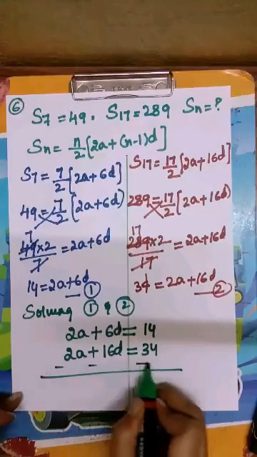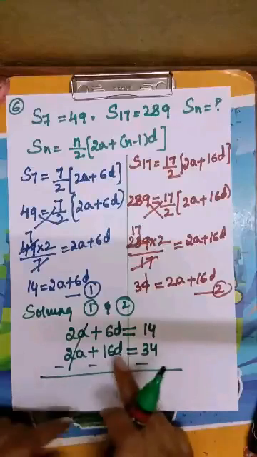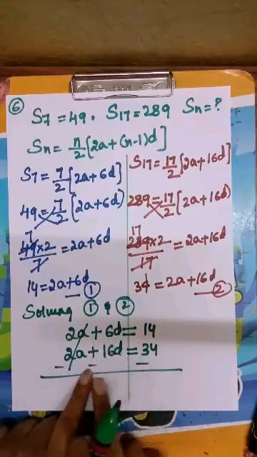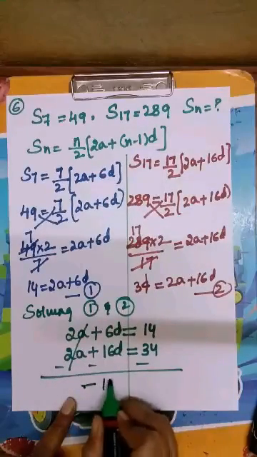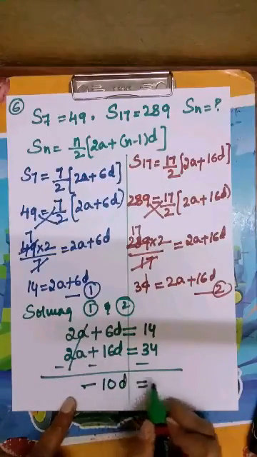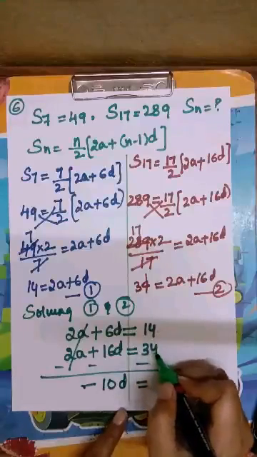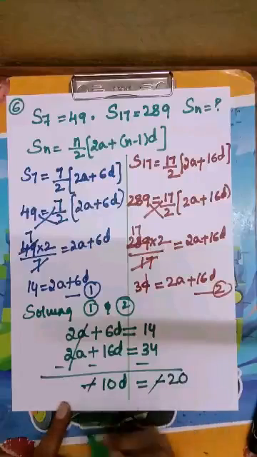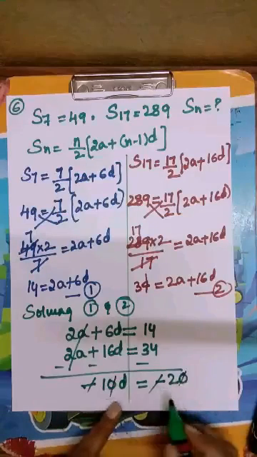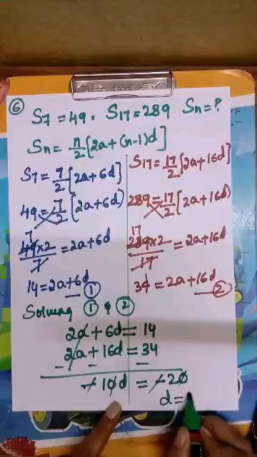Change the sign: minus, minus, minus. Plus minus get cancelled. Minus 16 plus 6 is minus 10D is equal to 34 minus 14, that is minus 20. Minus minus get cancelled, 0 0 get cancelled, so D is equal to 2.